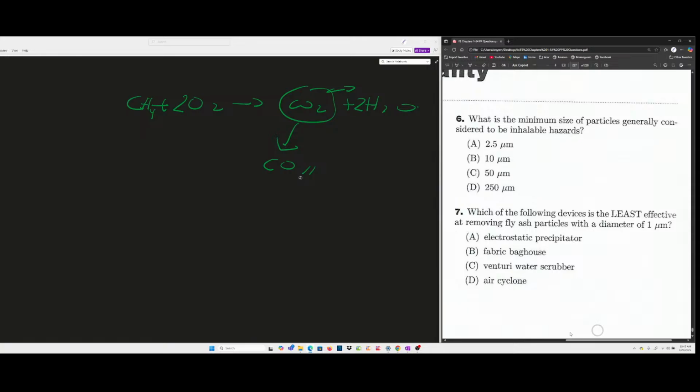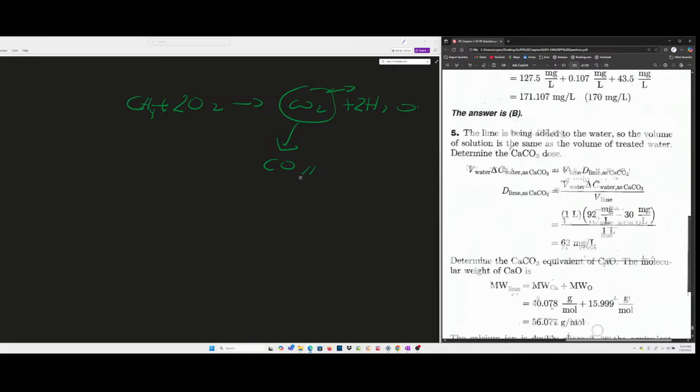And if we have fly ash, it's not as heavy, so gravity is not going to work because the diameter is so small, 1 micrometer. So the answer is air cyclone because it relies heavily on gravitational and centrifugal force to collect the particles, and these are small particles.